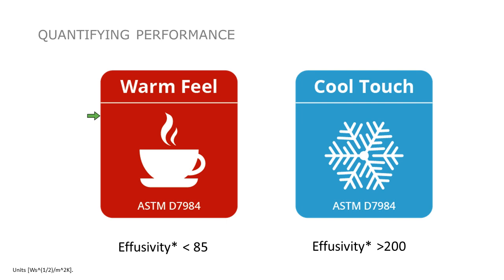Essentially, what threshold do we need to hit to really qualify a candidate material as either feeling warm or feeling cool? In the discussions we're having with a lot of our clients in this space, we're seeing some emergence of consensus around, for warm feeling material, typically under approximately 85 effusivity units, and for cool feeling materials, typically above 200 units of effusivity.